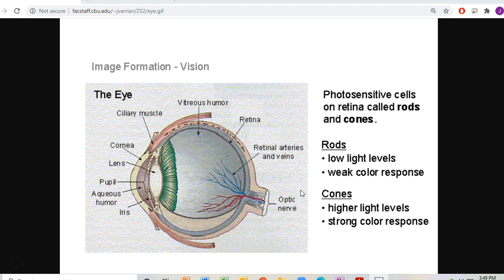We're usually not aware of that because the spot where the optic nerve comes in is not right on the central axis. It's down to one side. So it's really parts of the object that are in the periphery that will get imaged onto your blind spot. So you're usually not aware of it.